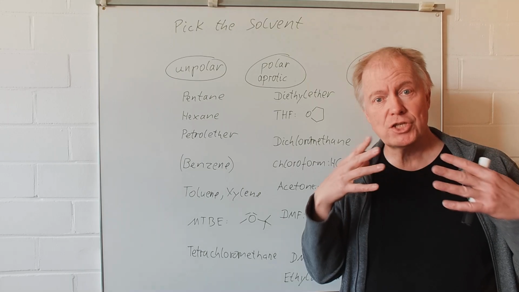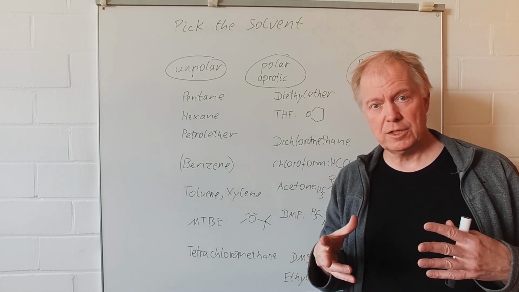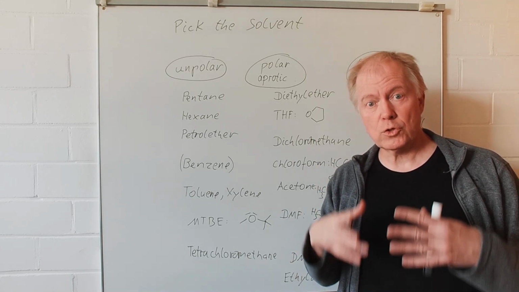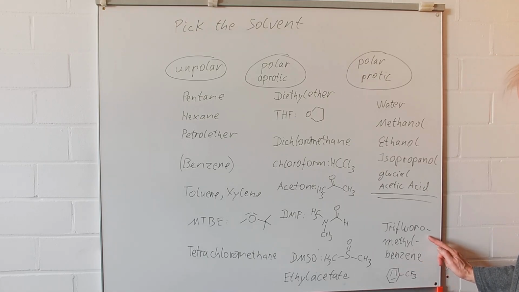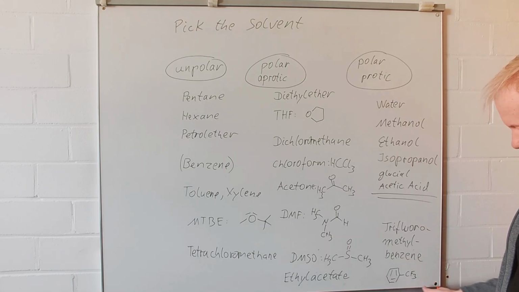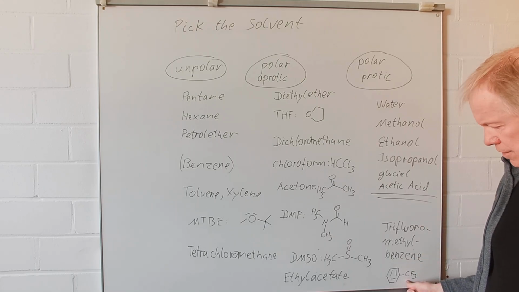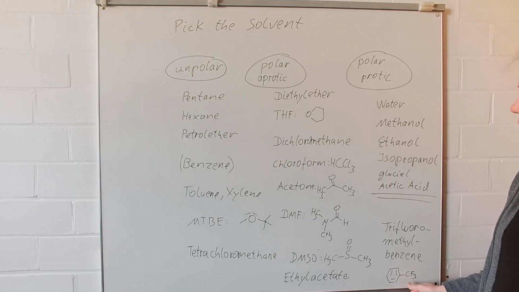You can adjust the polarity for your chromatography. So, and here we have a rather modern solvent, trifluoromethylbenzene. The disadvantage is it is rather expensive.